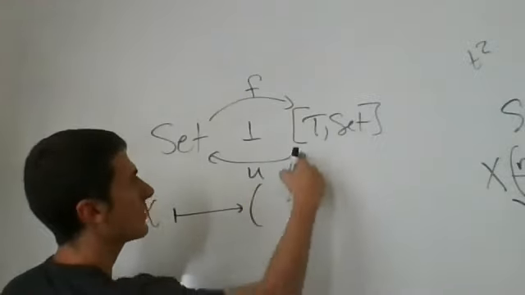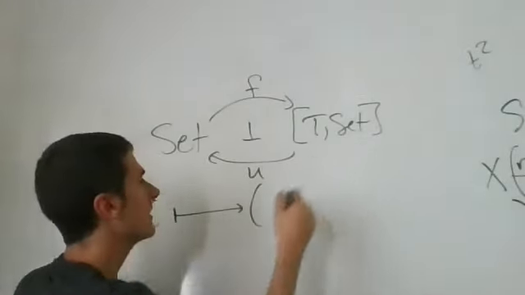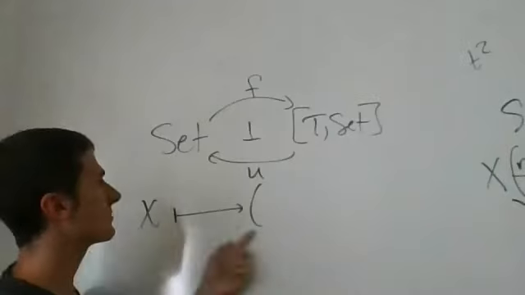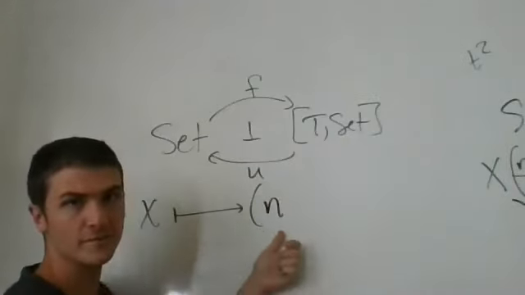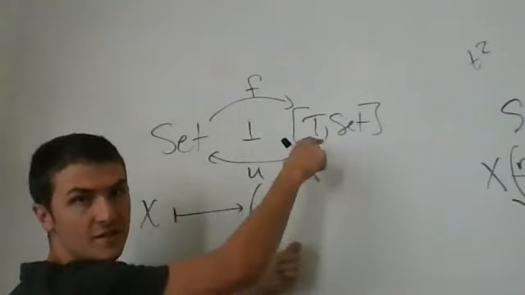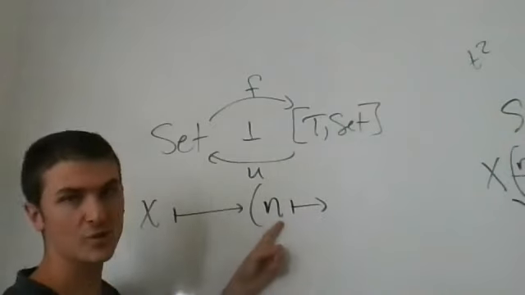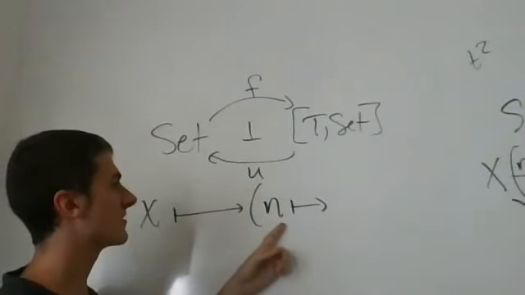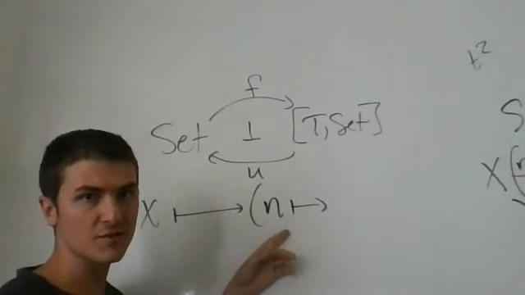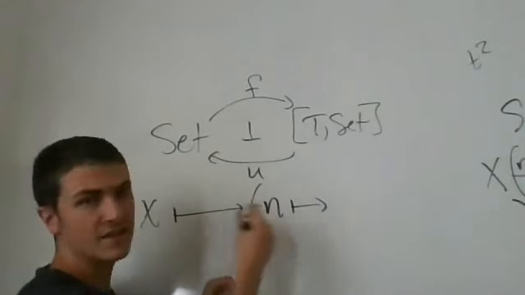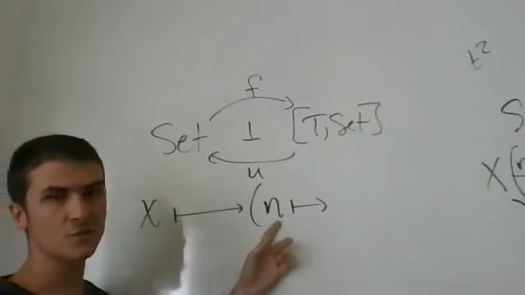But here, remember that the objects are functors. So we're taking some object, but then we're going to send it to a functor that is now waiting itself for an object of T. So it's going to wait for some n, because remember the objects are natural numbers representing the powers of the, sometimes we write it like T to the n, but it might get kind of confusing, so we'll just write n.